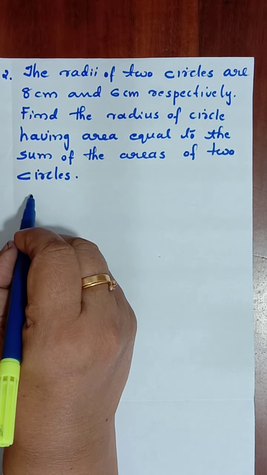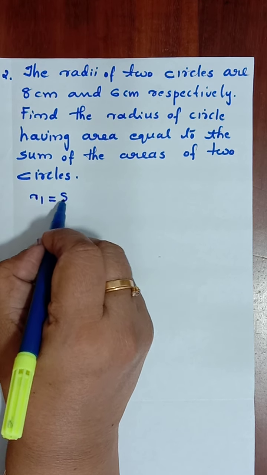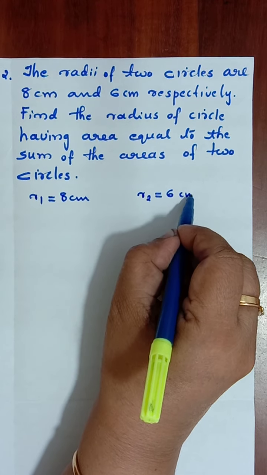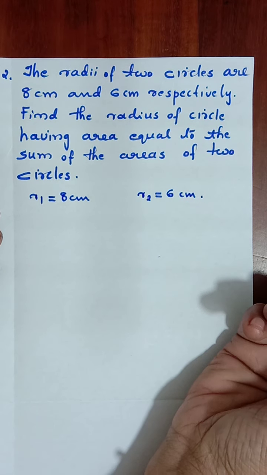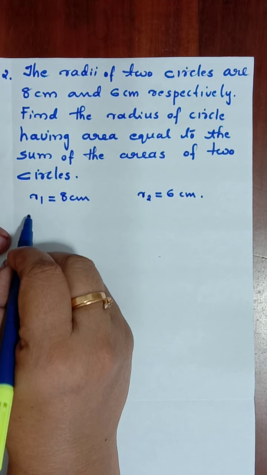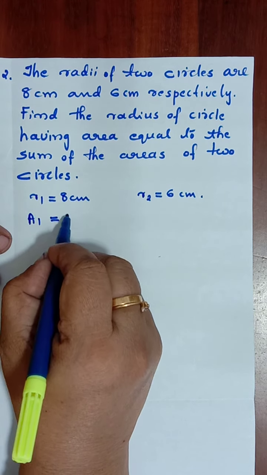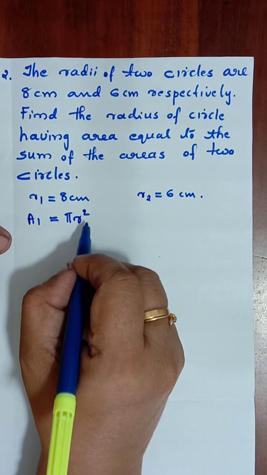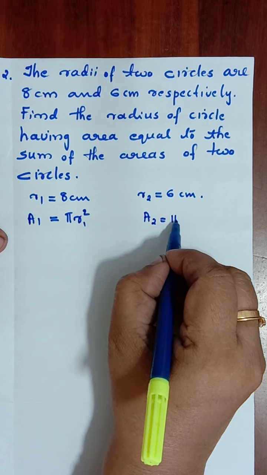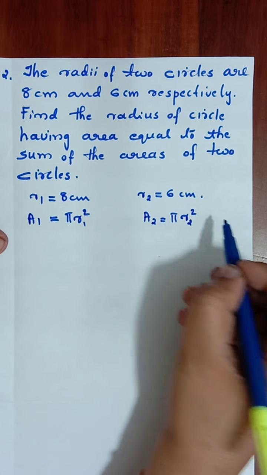Let us see what is our r1 is equal to 8 centimeter, r2 equal to 6 centimeter. Therefore, area 1, that is equal to pi r square. Here r1 square. Area 2, that is pi r2 square.